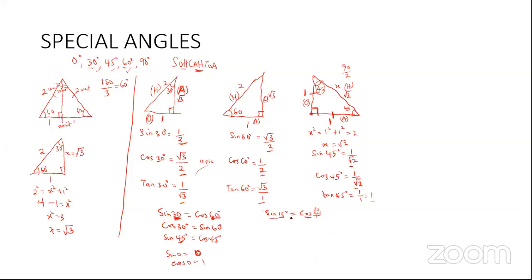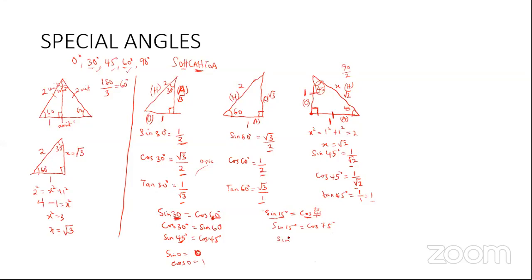What do you mean by complementary? The sum of the two angles will give you 90 degrees. So sine and cosine of angles that are complementary are equal. So for sine 15, I look for what to add to 15 to give me 90, and that is 75. So we say sine 15 degrees equals cos 75 degrees.